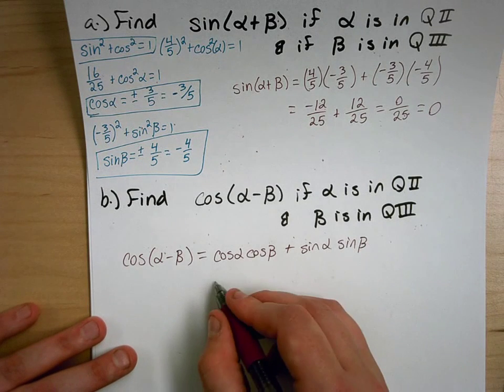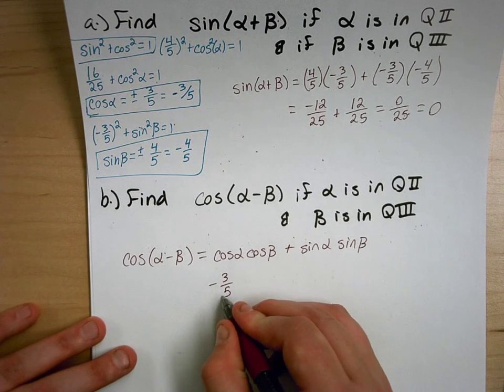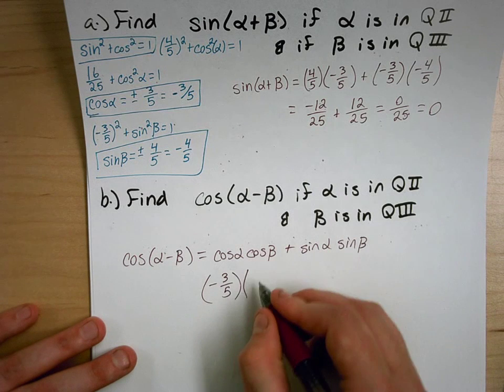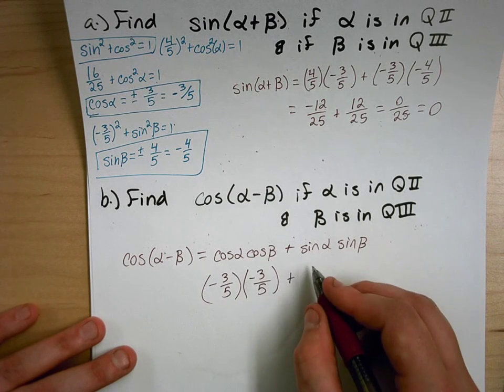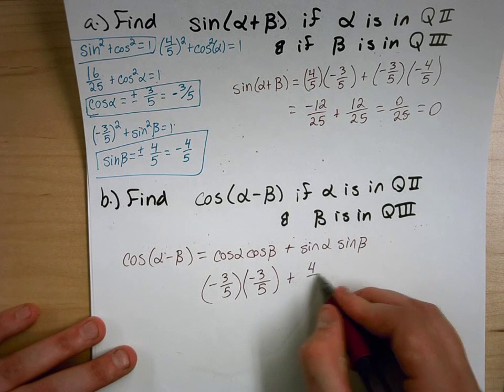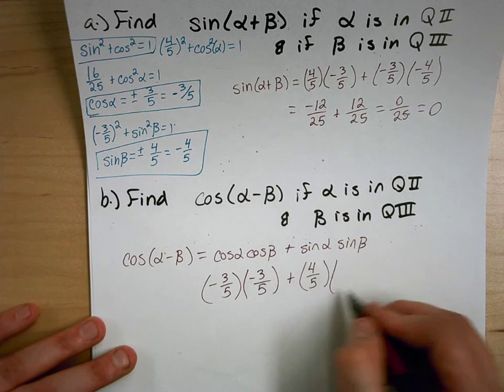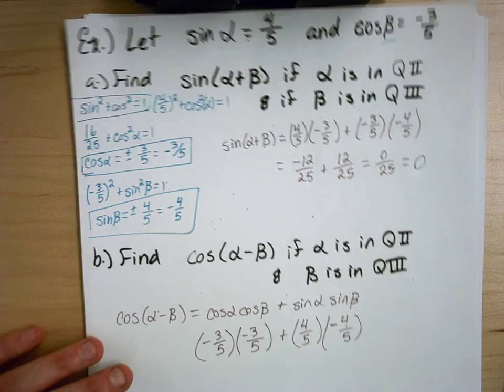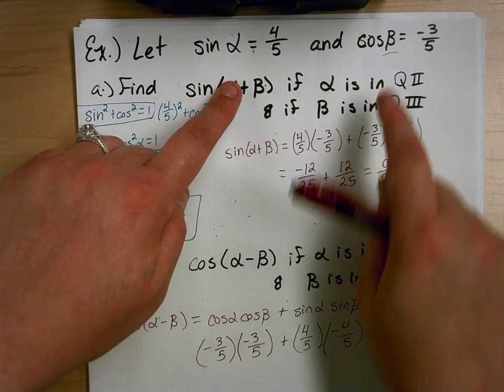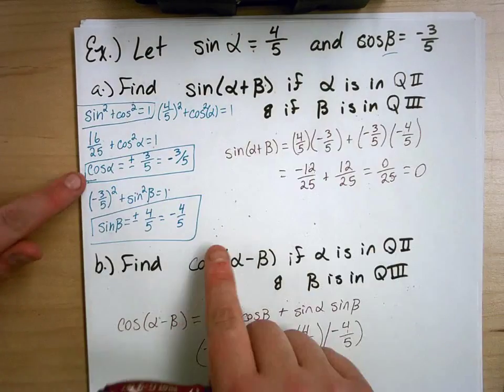So I have -3/5 times -3/5 plus 4/5 times -4/5. Remember, I'm getting these numbers from both here and here from where I solved them.